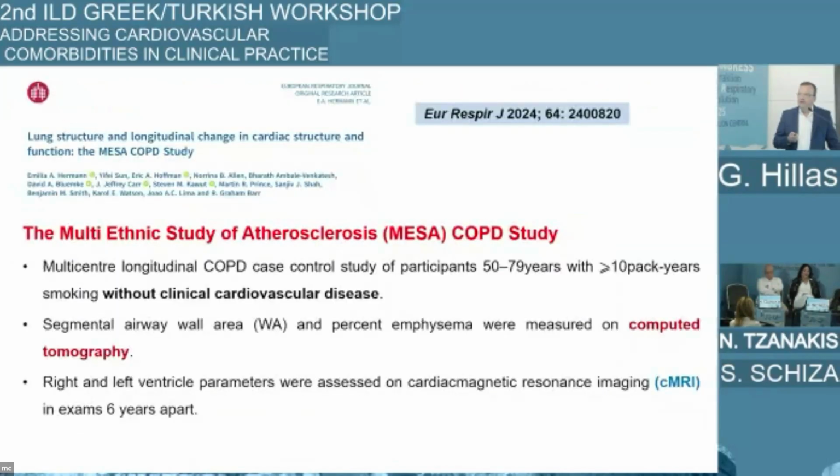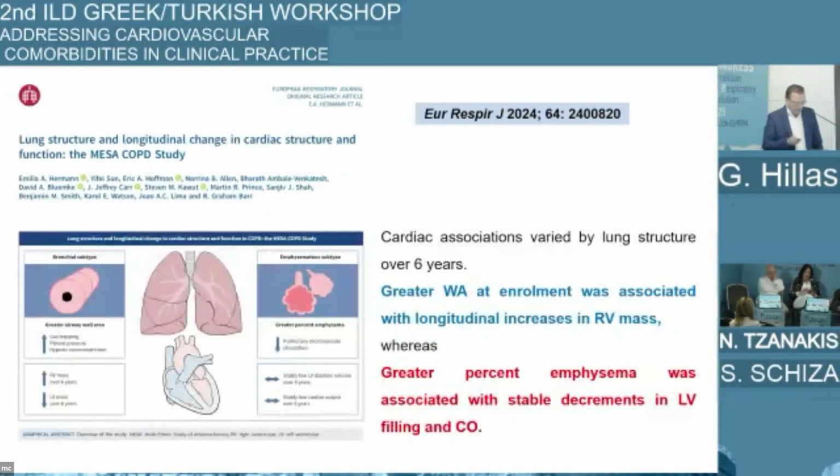Okay, and this is the Multi-Ethnic Study of Atherosclerosis, the MESA COPD study, where COPD patients, again without clinical cardiovascular disease, were included, and at baseline airway wall area and percent emphysema were measured on computed tomography, whereas right and left ventricular parameters were assessed on CMRI in exams 6 years apart. And here are the results. First of all, cardiac associations varied by lung structure over 6 years.